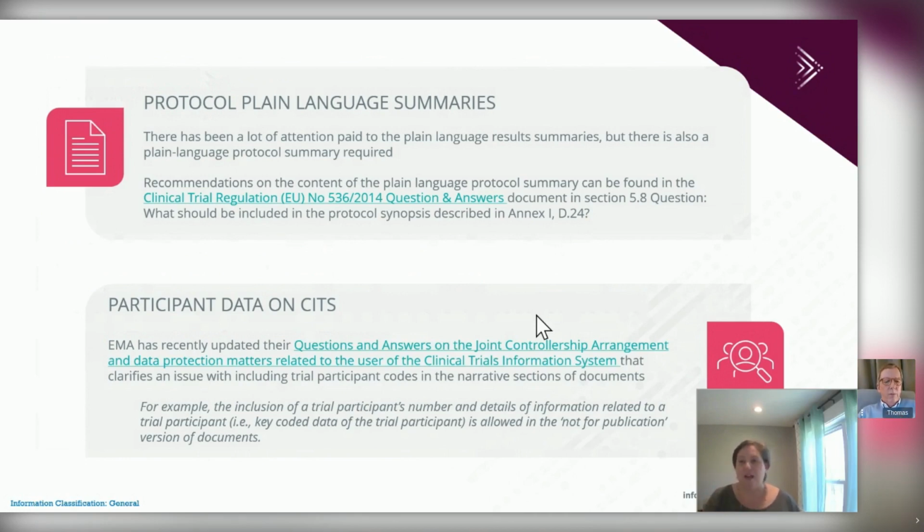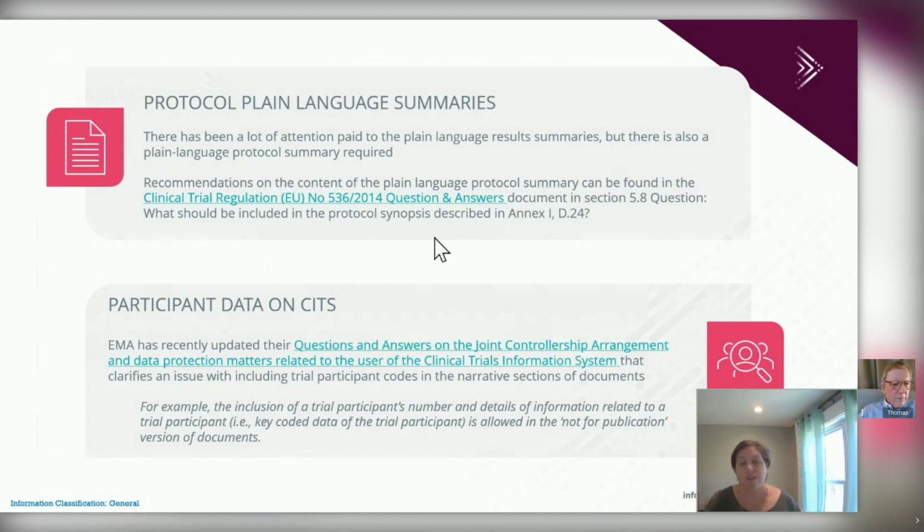The EMA, or actually all the bodies together, have started putting recommendations for the content of plain language protocol summaries. And that can be found in the latest question and answer document. I mentioned earlier that they put together a Q&A document. The latest one is version 5, I think, on the website, even though the website itself says version 4.